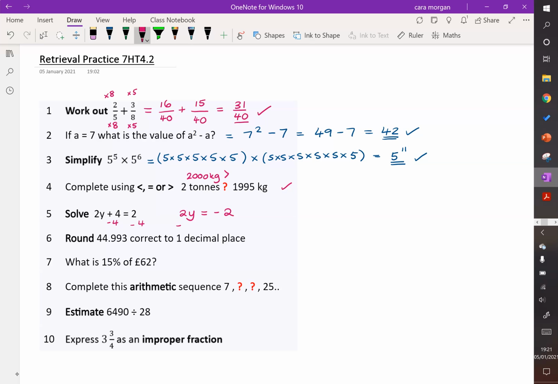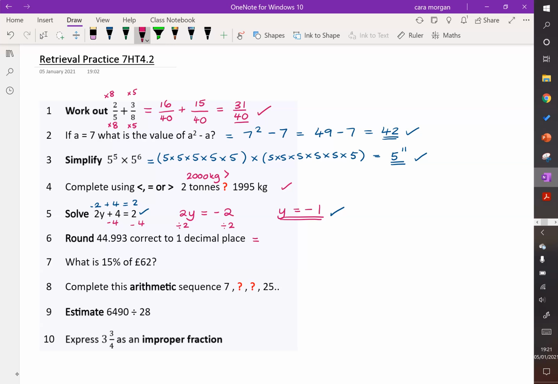I would then divide both sides by 2, and I would get y is equal to negative 1. I might check that my answer works. So if I was going to substitute that back in, 2 times negative 1 is negative 2, and when I add 4 to my answer, I get 2. That works, therefore my answer works.